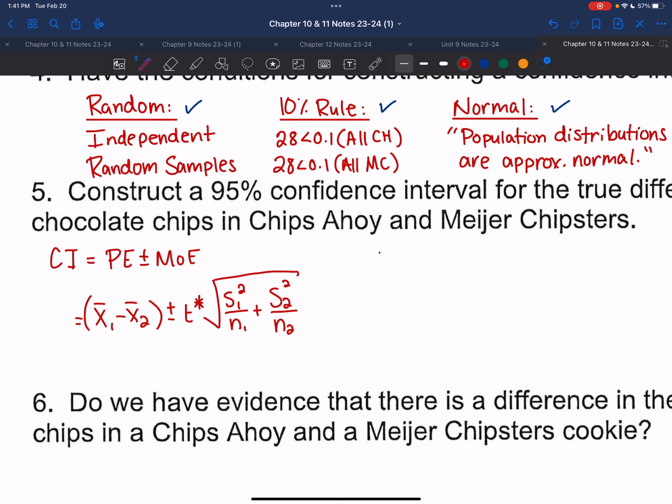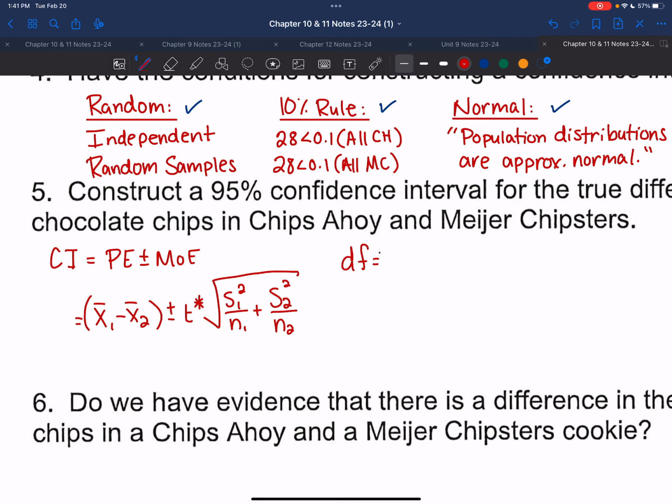All right. Now, you might be thinking, how do we get t star, right? So t star, remember how we said that we can use inverse t on our calculator, but you need to know your degrees of freedom. So because we have two different groups, you always want to pick the group with the smaller sample size.